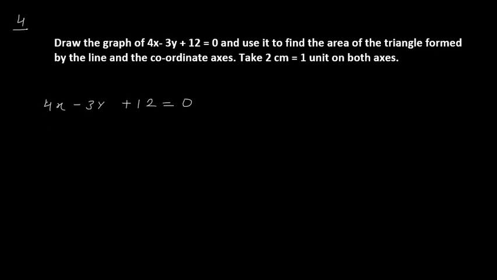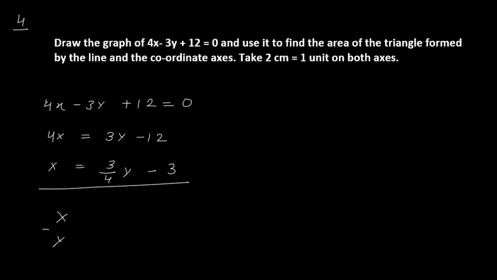We rearrange and we get 4x is equal to 3y minus 12, and that gives me the value of x as 3 upon 4 y minus 12 upon 4, that is 3. So we take 3 solutions.